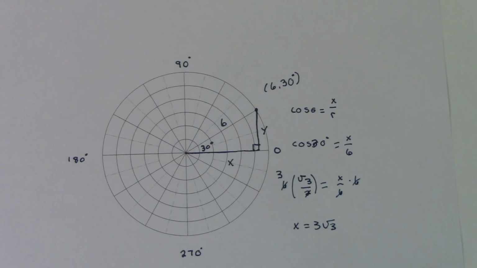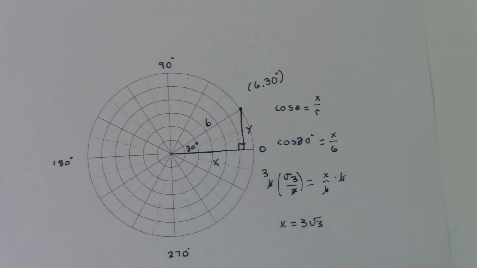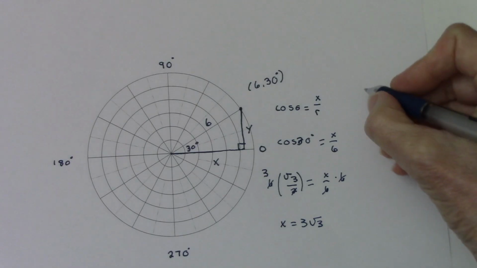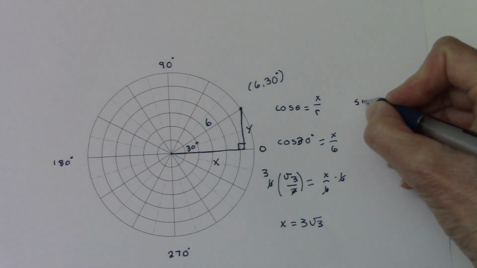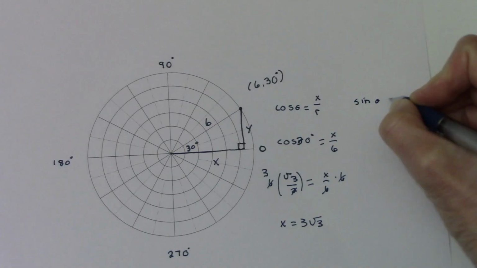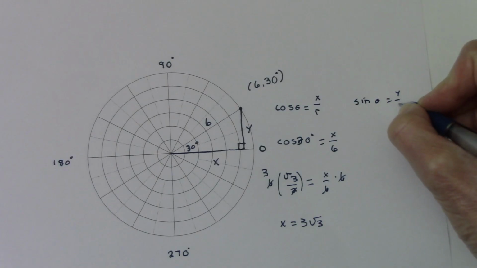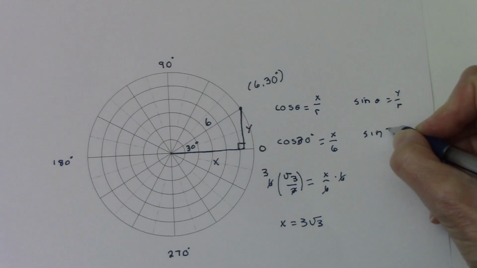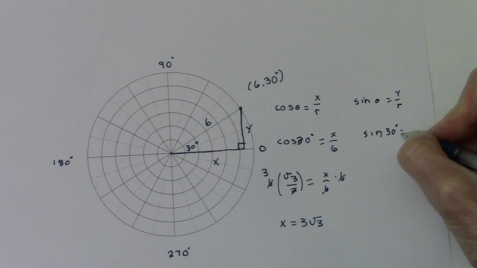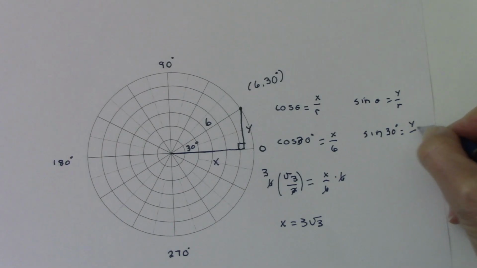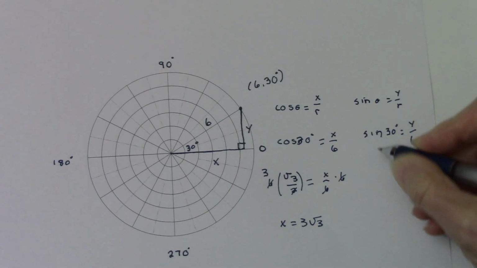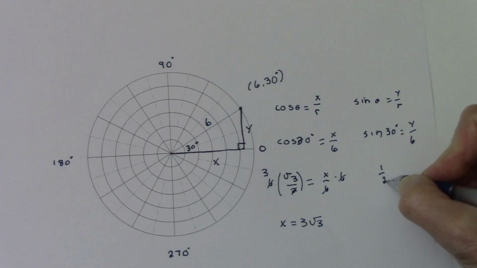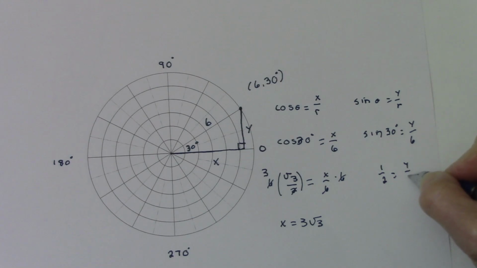In a similar fashion, I'm going to look for the y value, and to find the y value, I know that that is the sine. So the sine of theta equals y over r. So the sine of 30 degrees equals y over 6. The sine of 30 degrees is 1/2, so 1/2 is y over 6.